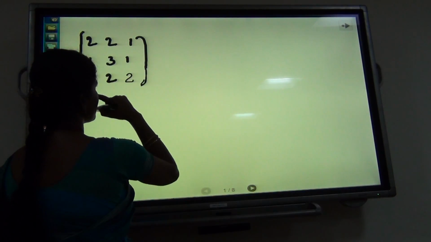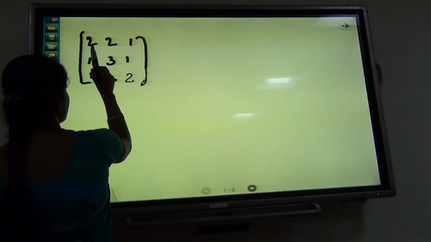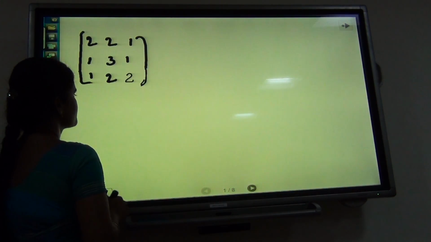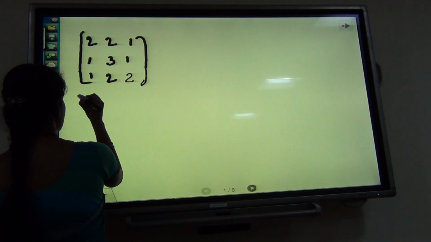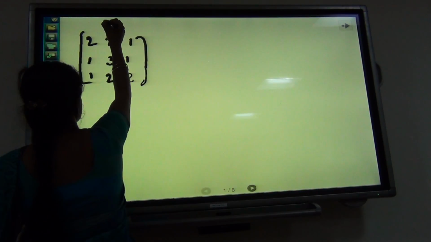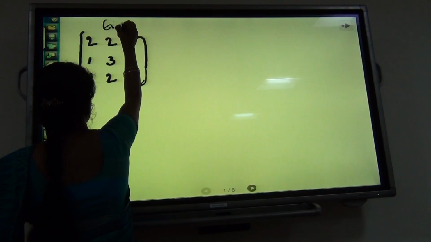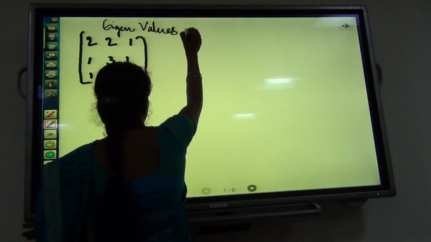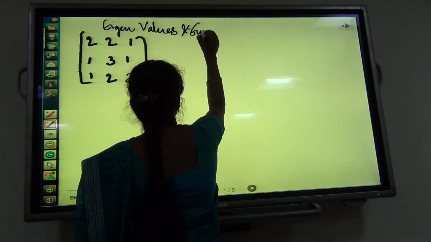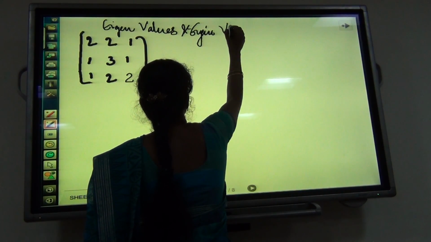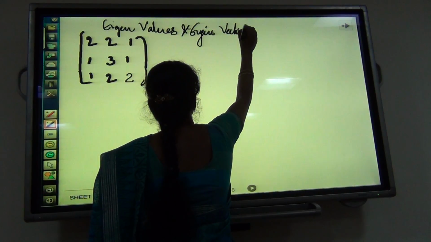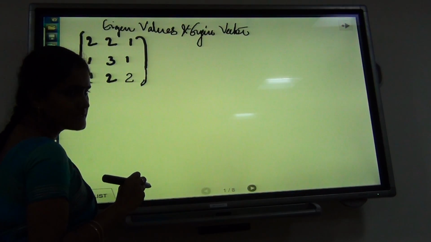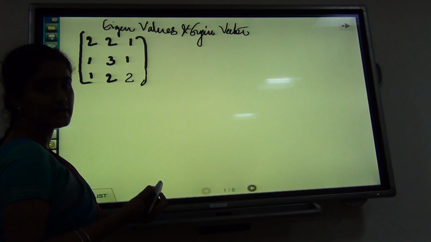This is a square matrix where the entries are 2, 2, 1, 1, 3, 1 and 1, 2, 2. Let us begin the steps to find the eigenvalues and eigenvectors for this problem. The first step is to find the characteristic equation to get the eigenvalues.